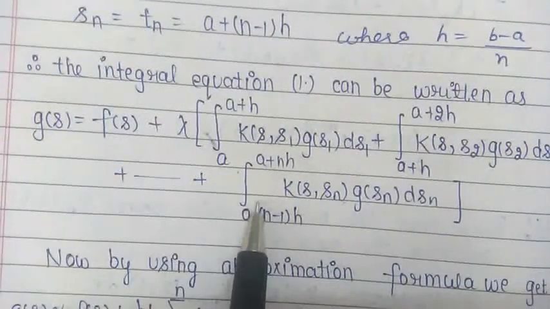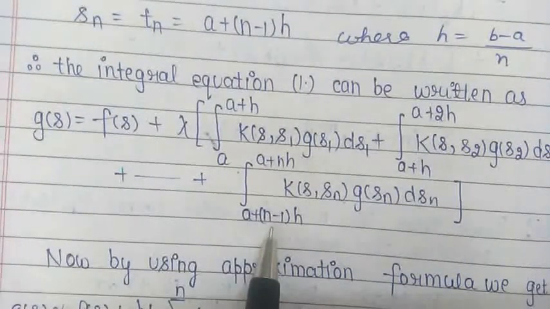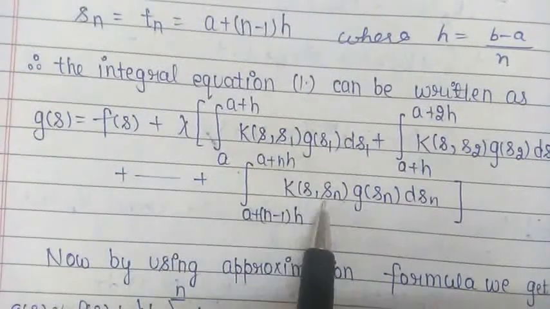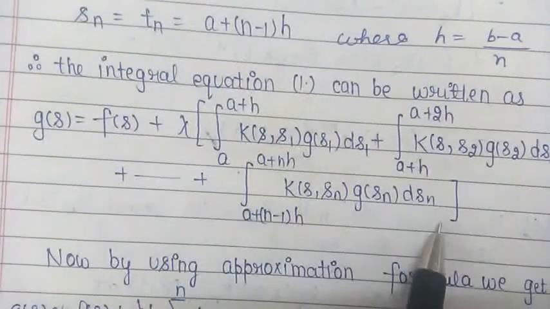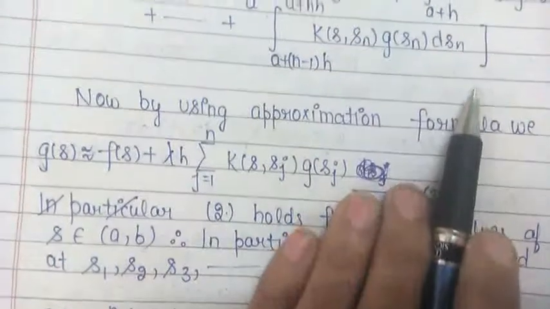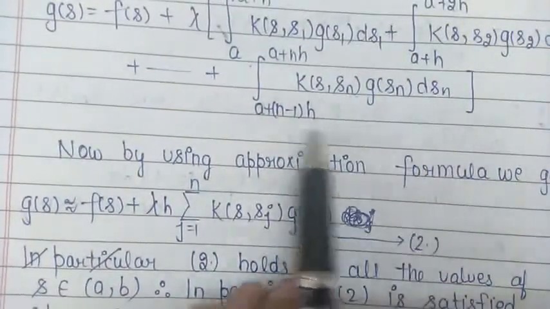The last integral is from a + (n-1)h to a + nh, k(s,sn) g(sn) dsn.